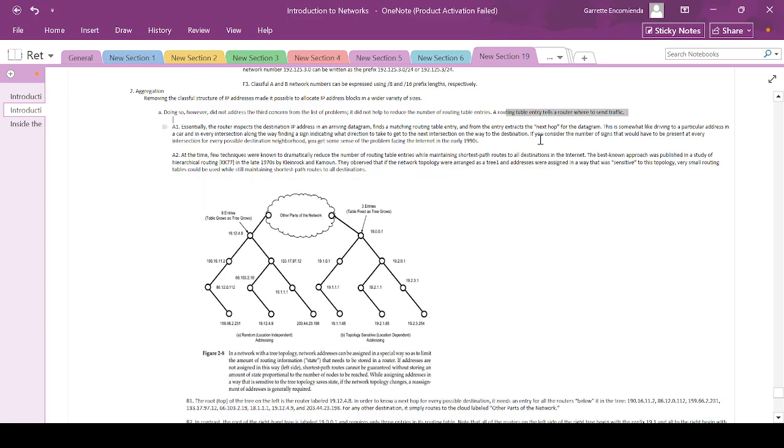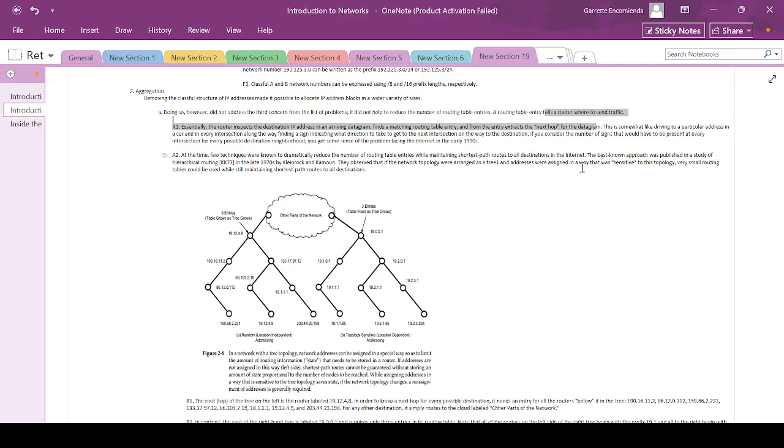A routing table entry tells a router where to send traffic. Those prefixes solve the first problem. The class B did not have enough addresses. So using this prefix, you can now use either one of those prefixes for your allocation of unicast addresses.